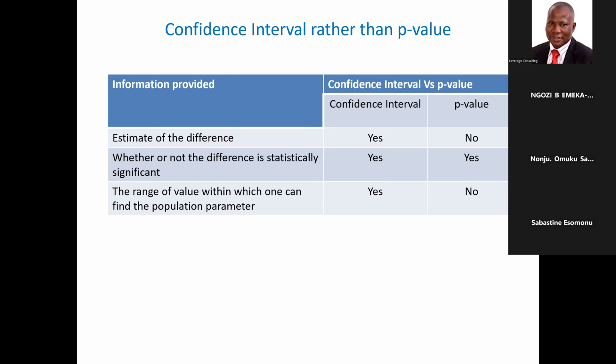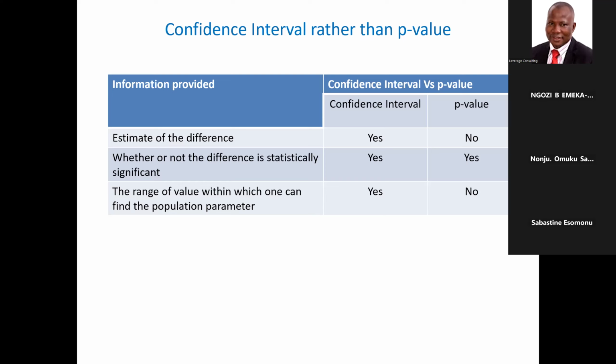When we do a t-test, we put the difference between means, the confidence interval, the t-value and the p-value. You are showing two inferential methods, both hypothesis testing and confidence interval, to show the same thing. But if you remove the p-value because the confidence interval gives more information, the people that cannot interpret it will be looking: where is your p-value? The same thing when you do logistic regression.